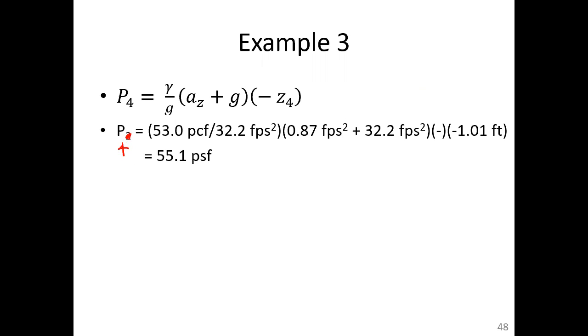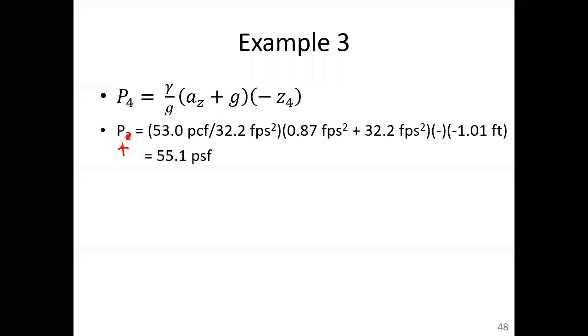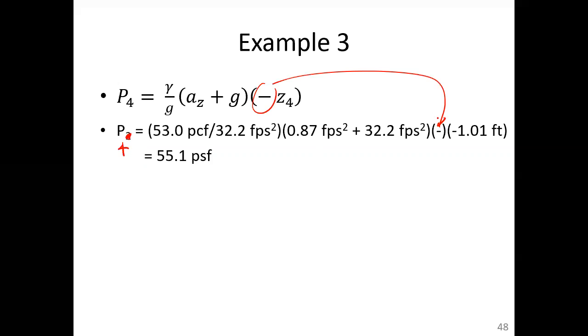So what we have is gamma over g. We already identified the specific weight of the oil is 53 pounds per cubic foot, divided by the acceleration due to gravity, times the sum of the vertical acceleration plus gravity, the 0.87 foot per second squared plus 32.2 foot per second squared. The minus sign, again, is right there.